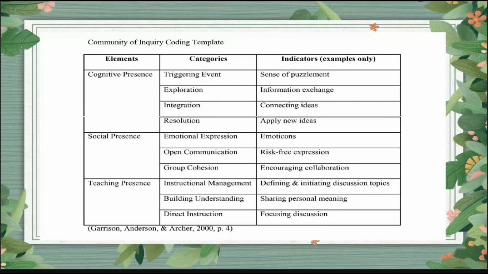We can also see the last is teaching presence. It also has 3 categories. It has instructional management, building understanding, and direct instruction. The indicators of it are defining or initiating discussion topics, sharing personal meanings, or focusing discussion.